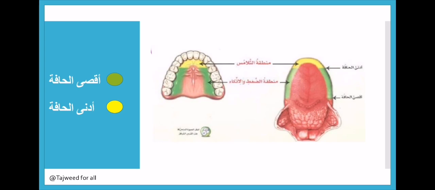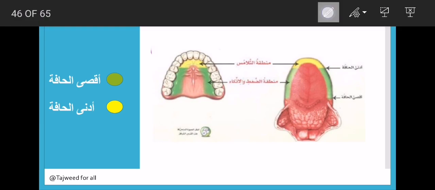Okay, I have told you earlier, it is divided into two parts, aqsal hafa and adnal hafa. What are the two pictures shown here? The aqsal hafa is the green colored area. When we close our mouth, where is this green colored area touching? It is shown in the next image.